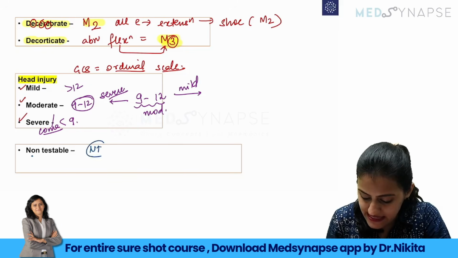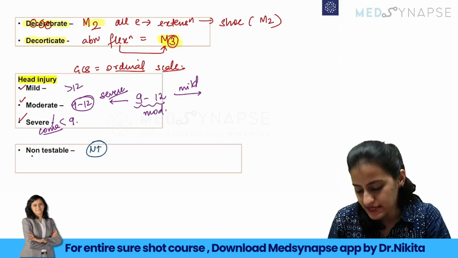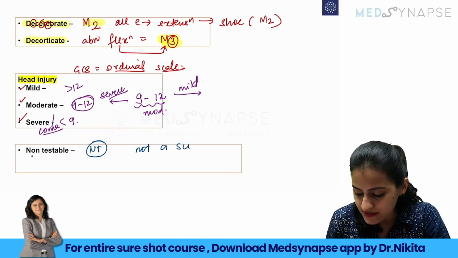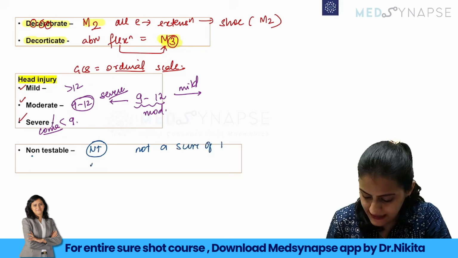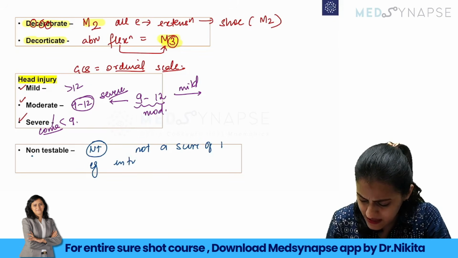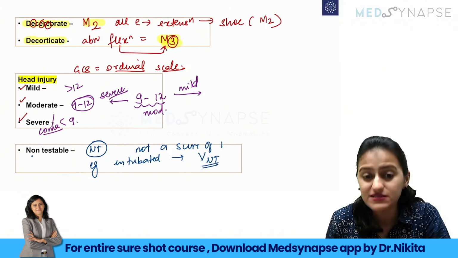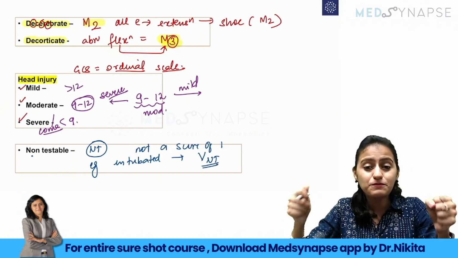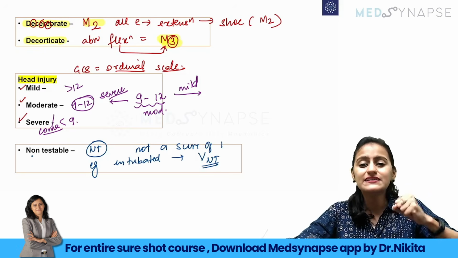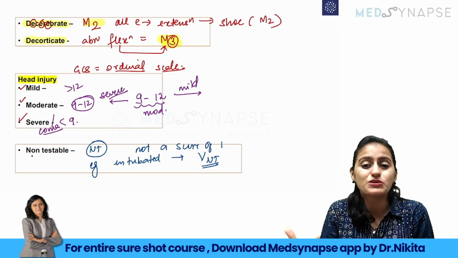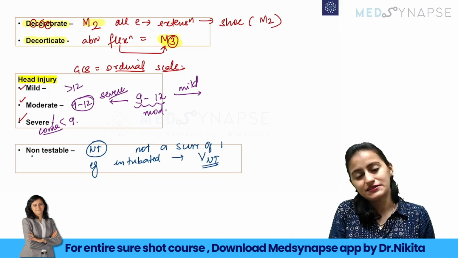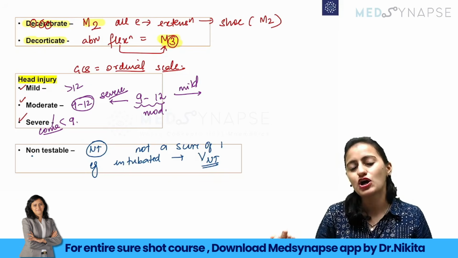You give NT, non-testable, and not a score of 1. In an intubated patient on mechanical ventilation, the verbal response is given as VNT. In a person whose hands and feet are tied, cannot move the limbs, the motor response cannot be tested. It is non-testable.